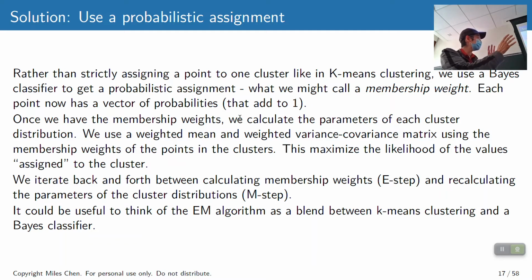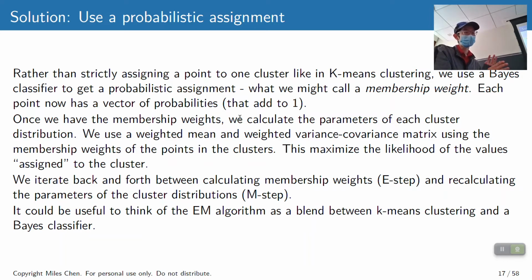This maximizes the likelihood of the values assigned to the cluster. Then we go back and, now that we have a new mean and new variance for each of these clusters, figure out what cluster each point belongs to. Again, that's the membership weight. That's trying to figure out our missing values of which cluster these points belong to. That's the E step.